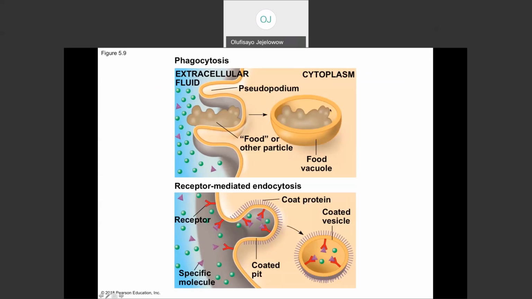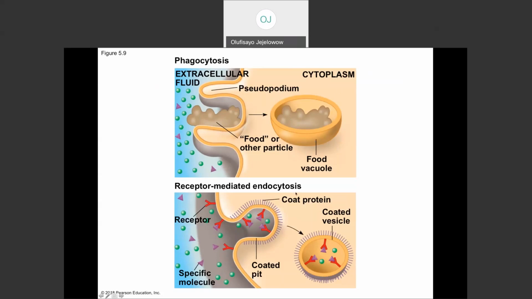Lysosomes inside the cytoplasm can fuse with this food vacuole and digest the nutrients, and the chemical elements will be returned into the cytoplasm. So kind of recycling taking place, or feeding, cell eating.